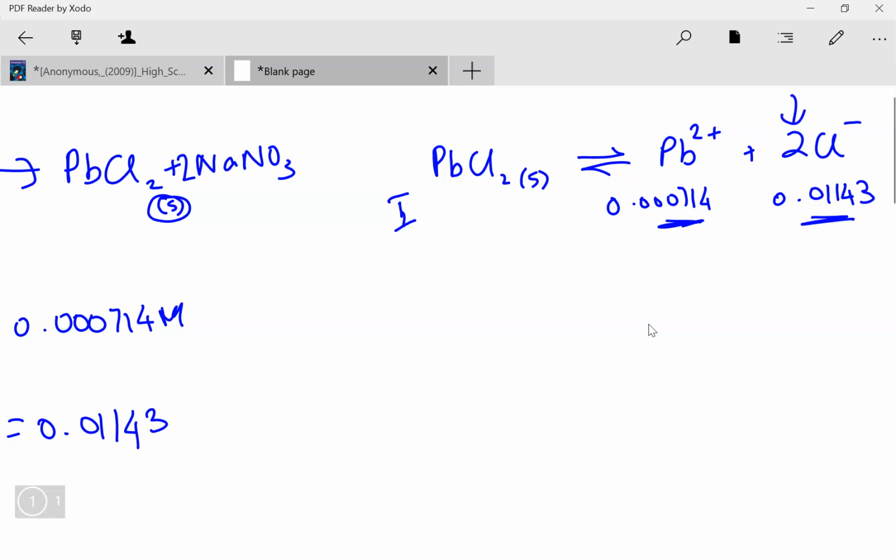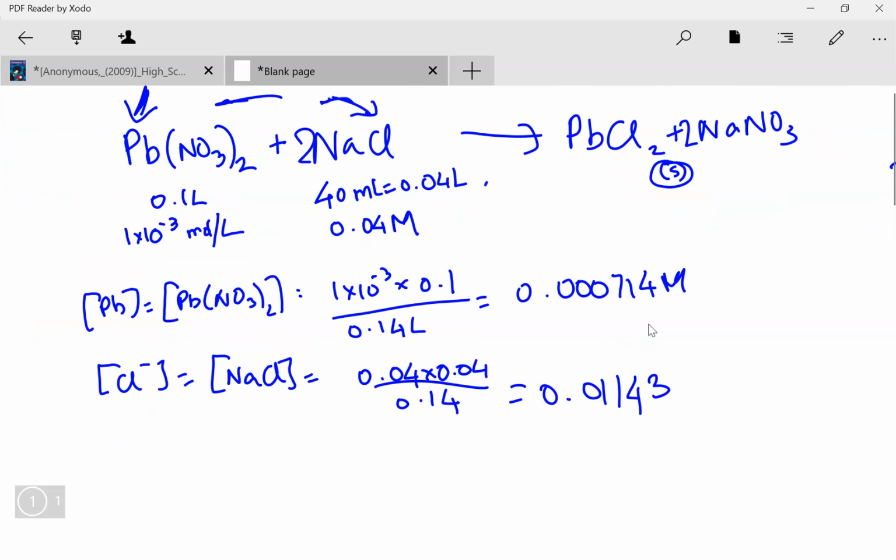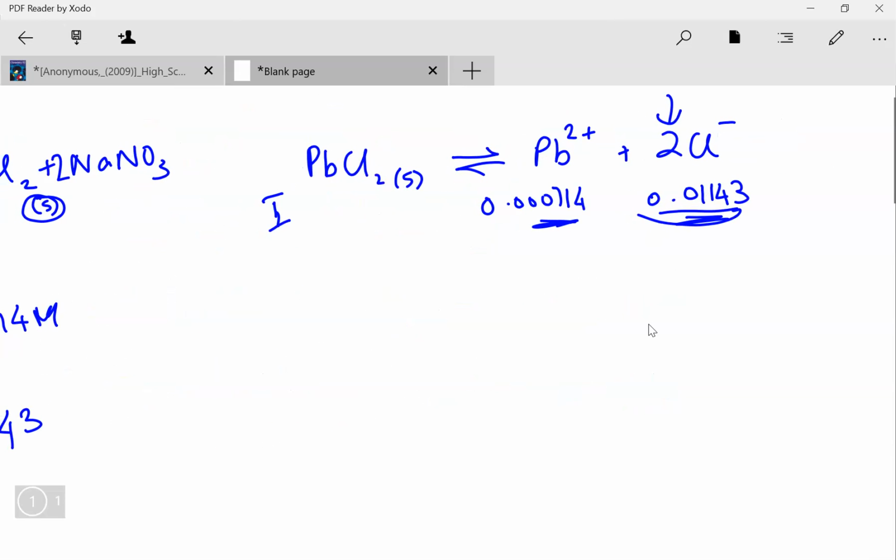Chloride was 0.01143. Note that the 2 here does not affect my initial concentration in any way, shape, or form. The initial concentration is something I get from the question. Admittedly, I had to do a little bit of calculation to get this, but it was given to me in the question. I don't have to multiply this by 2 at all. What I do have to do now is QSP.